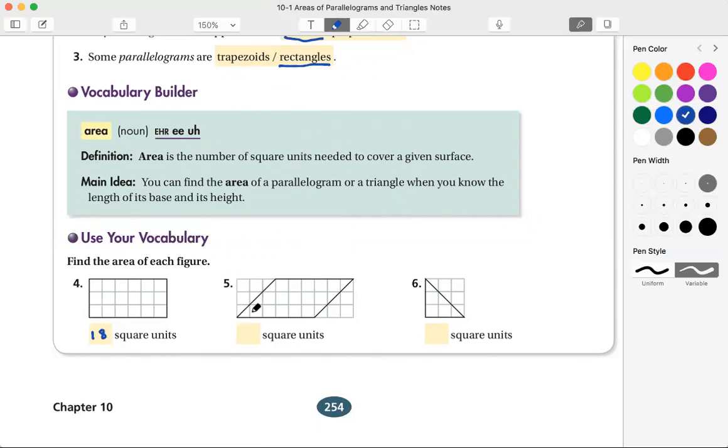If I count, I get 1, 2, 3, up to 15, 16, 17, and 18 when I add those halves together. And in number 6, I get 1, 2, 3, and then 1, 2, 3 halves, so I end up getting 4.5 square units.